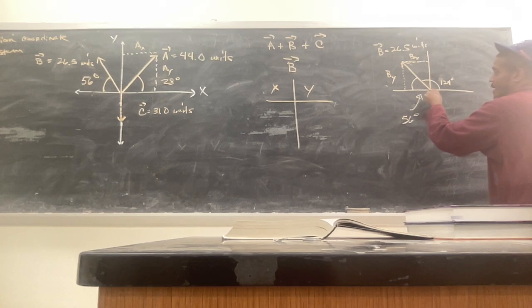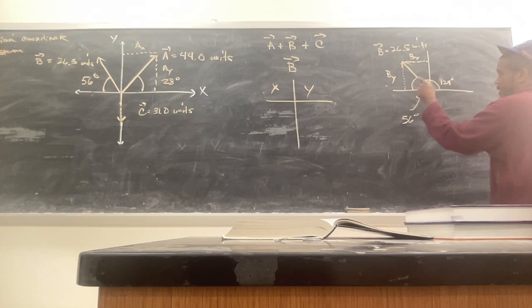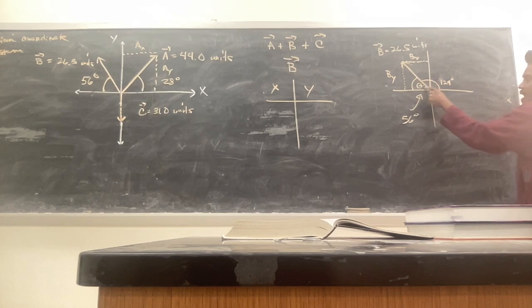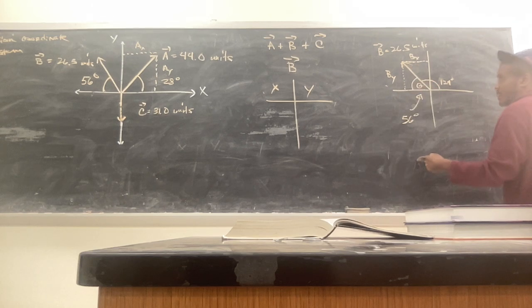So now we have, let's say sine. This is theta, so the sine of this angle is opposite over hypotenuse.